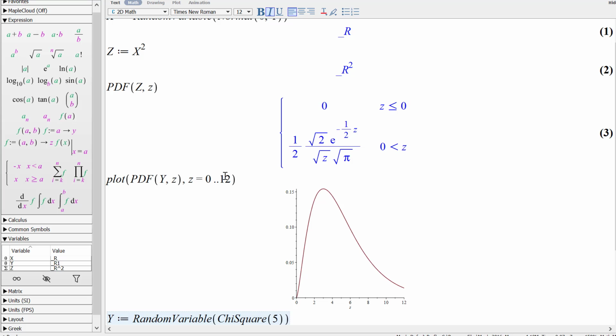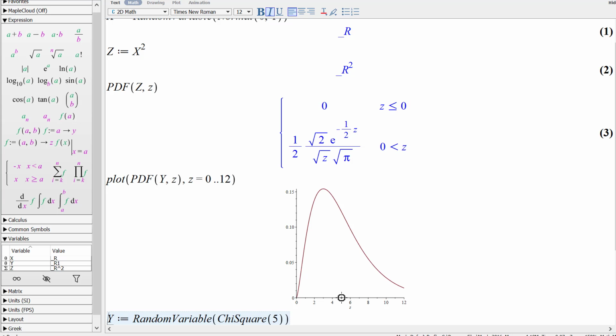And there's one thing that you should pay attention to, and that is the skewness. We say that this is skewed to the right. It's certainly not symmetric around its maximum. And you can also see that the z value that maximizes the PDF is not the expected value.